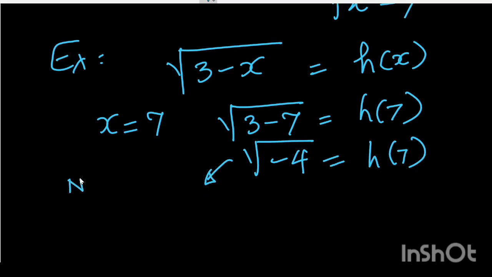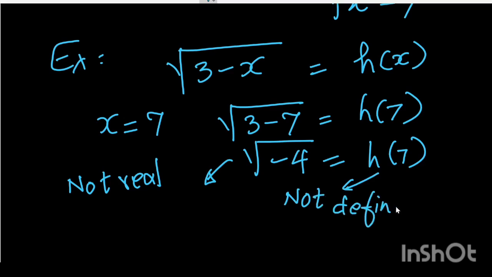It is unreal, something we will discuss in imaginary or complex numbers. Functions are generally those where what we substitute should give real values, not non-real values. So we can say that h7 is not defined.